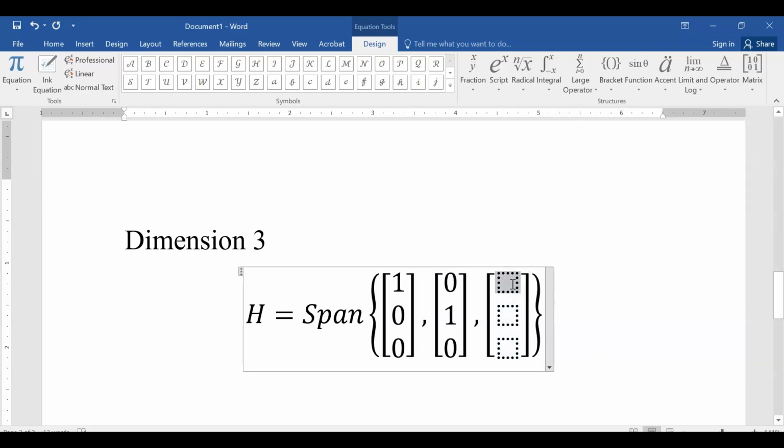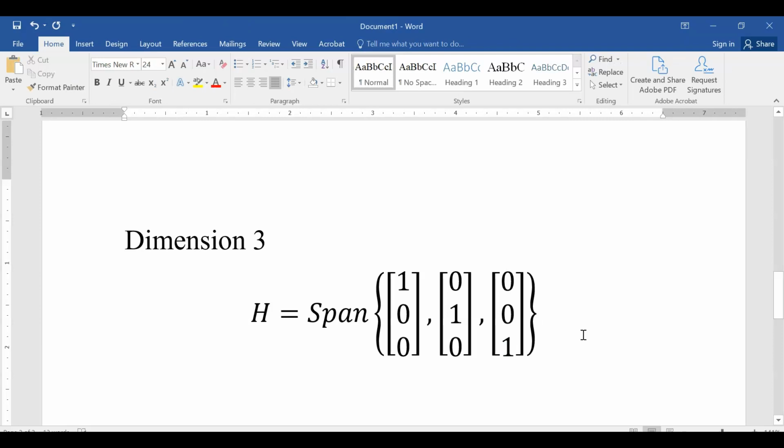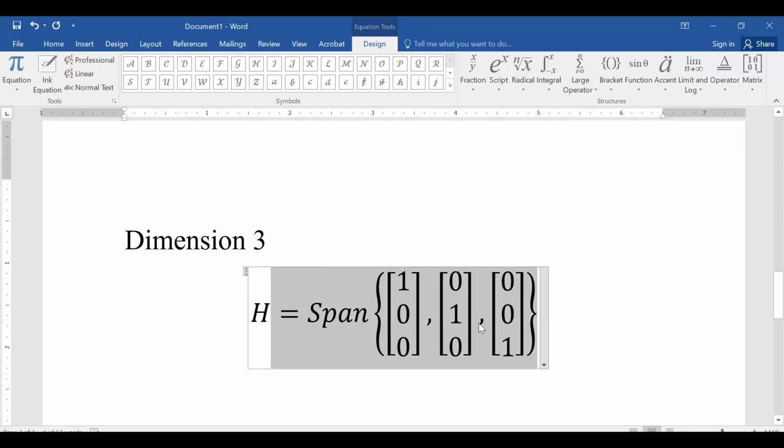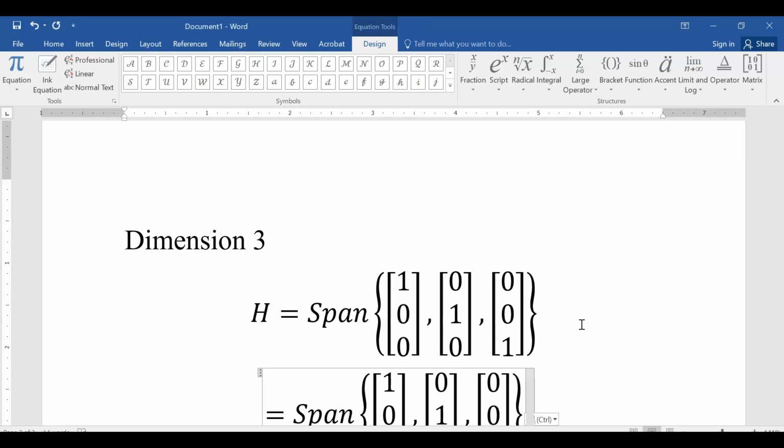We could use the standard basis vectors, but we want to make sure that whatever vectors we choose are linearly independent.